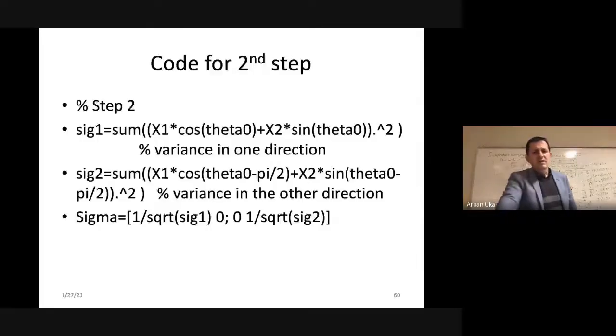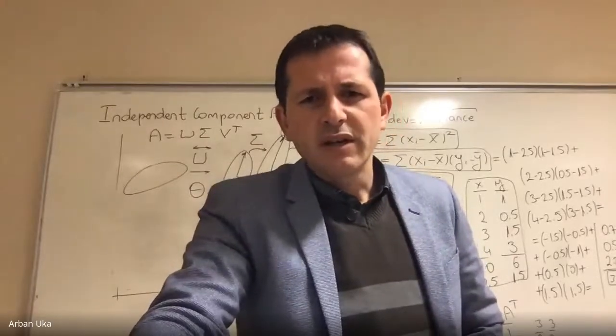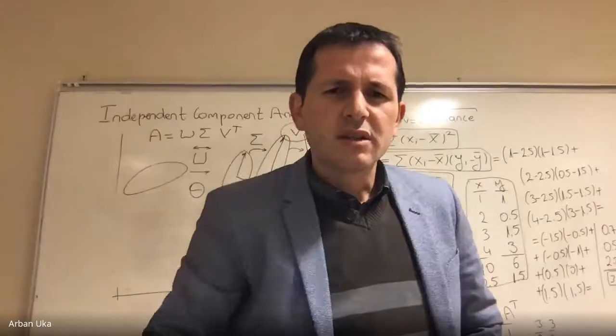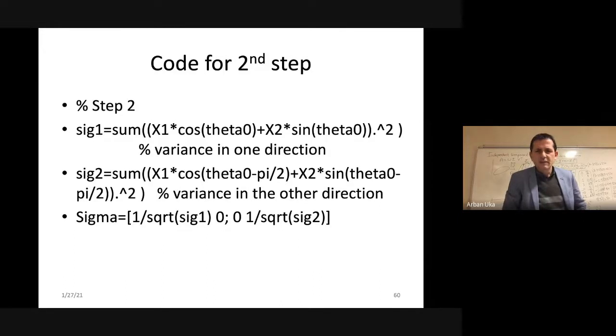Now, sigma 1 and sigma 2 correspond to the variance along two major axes. In order to find these, you can see this expression. We calculate x1 times cosine theta plus x2 times sine theta, all squared. So this is the variance.